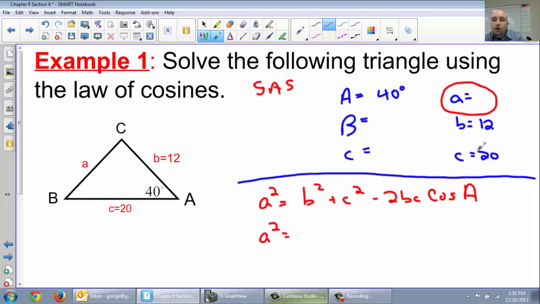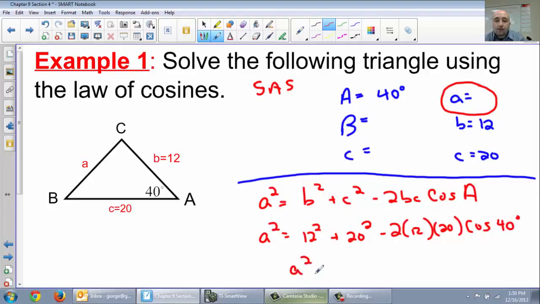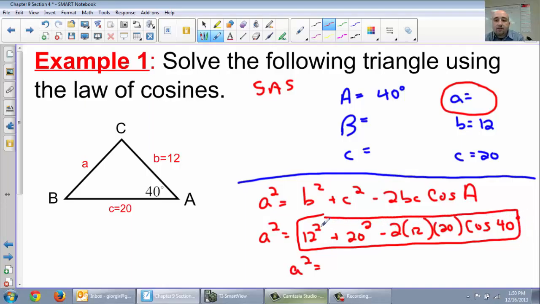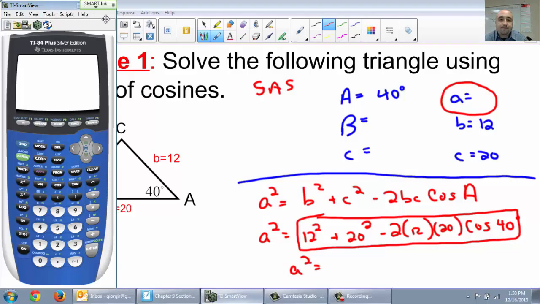We know little b is 12, so 12 squared, plus c squared is 20 squared, minus 2 times b times c, which is 12 times 20, times cosine of angle A, which is 40. The side angle side is nice because all I have to do is type all of this information right here onto my calculator screen, and it should give me the correct answer for a squared. So I'm going to do that right now.